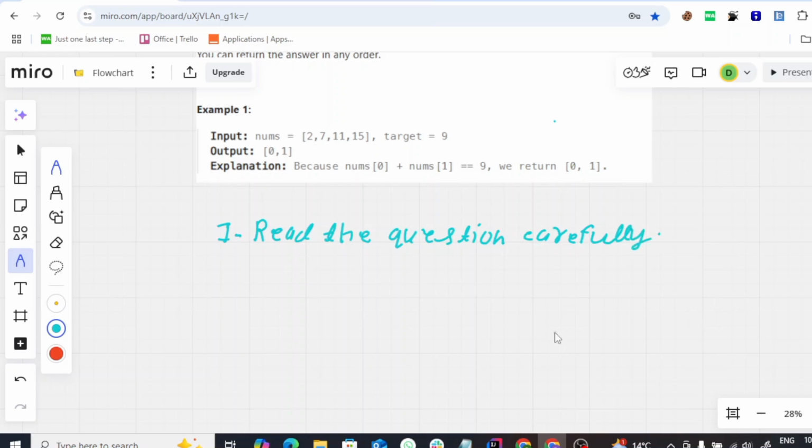Now let's move on to the second step. Ask questions to the interviewer. Ask some questions. And why is this very important, guys?